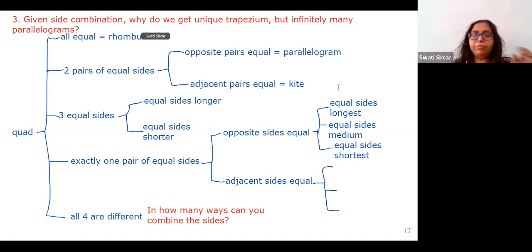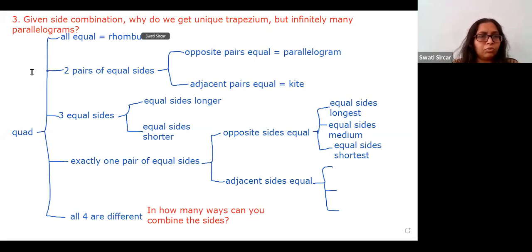So if you have 4 sides given to you in order, which of the 2 sides can be the parallel lines? So that's the second question. Think about this.